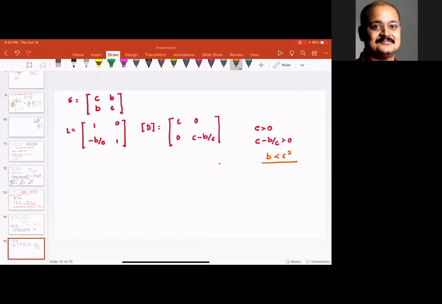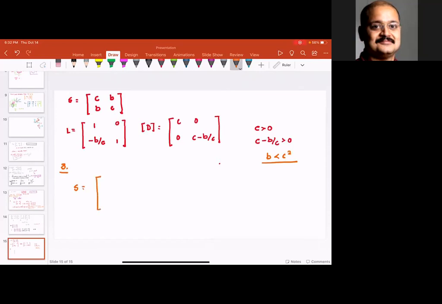Let me look at the next problem, problem 3. In problem 3, you have to find the numbers C and D so that the matrix is positive definite. For the determinants, I'll solve one problem, and then you can solve the second one.